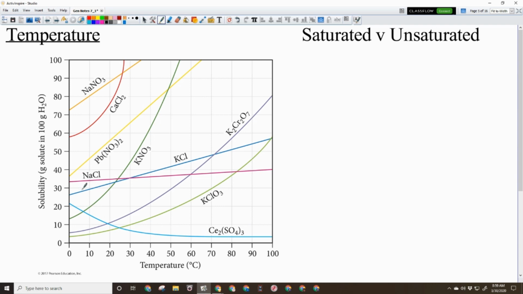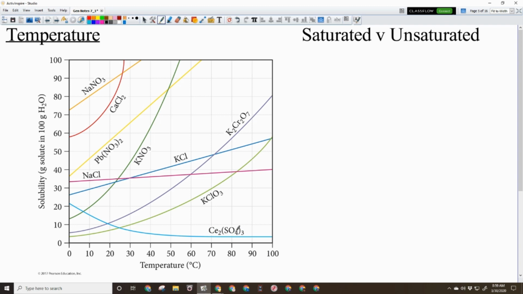Now, remember just a moment ago, I said for most things, as you increase the temperature, the amount that you can dissolve in the water is going to increase. So if we look at all of these other lines, they have a positive slope. They're sloping upwards, right? But for a few compounds, the higher the temperature, the less that can be dissolved.